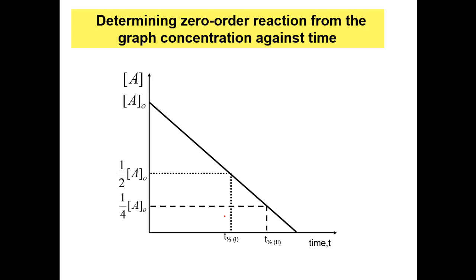So ini contoh okay, so first half life daripada initial concentration kepada separuh daripada initial concentration. So ini adalah kita punya first half life, daripada 1 kepada separuh. Dan second half life pula daripada separuh kepada suku lah, 1 over 4.